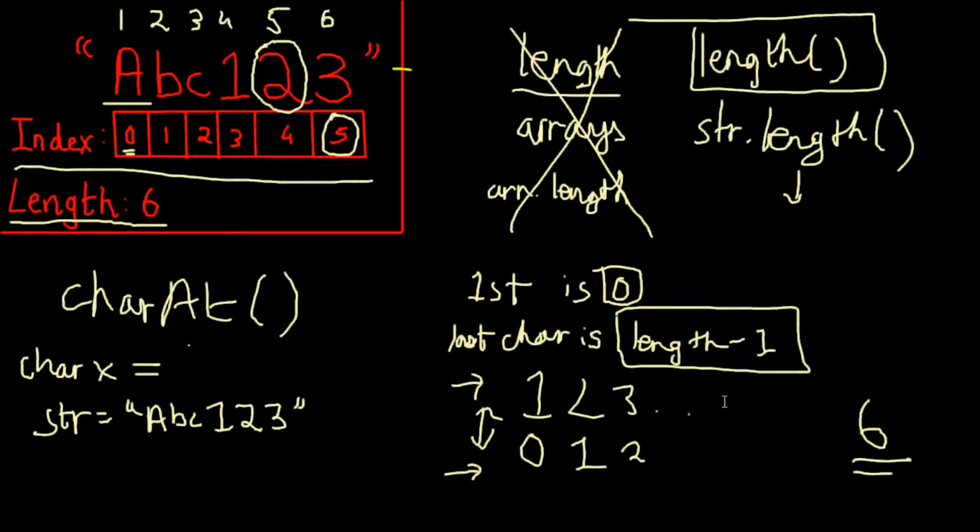The loop will go 0, 1, 2, 3, 4, 5, and when it reaches 6 it won't include it because it's less than. If it is less than or equal to, then it will include this. So either you can do less than 6 or you can do less than or equal to 5. So it comes down to the same thing. You can choose whichever one you want. So I'll use i less than or equal to length minus 1.